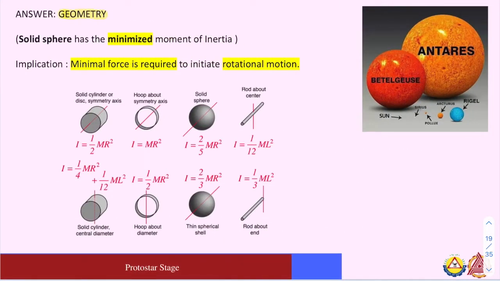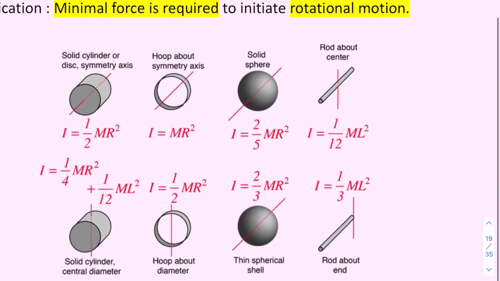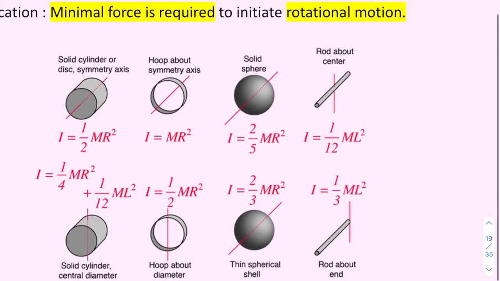So, if you try to look into the geometry of your solid sphere, class, a sphere actually has the minimized moment of inertia among all of the shapes that you are seeing here. So, for example, basig mo ana mo ganahan mo a universe or star nga murag rod ang iyang shape.